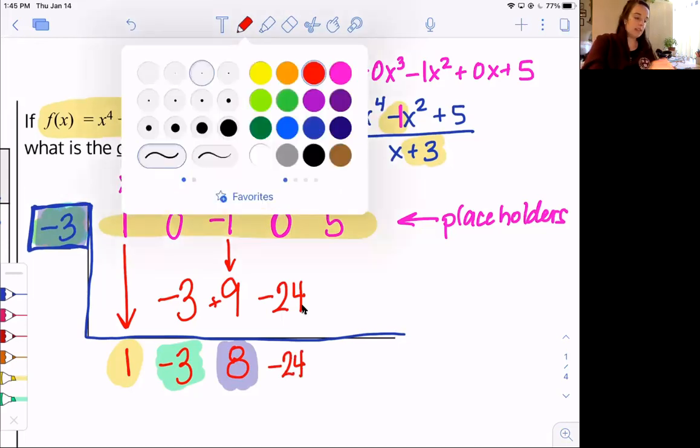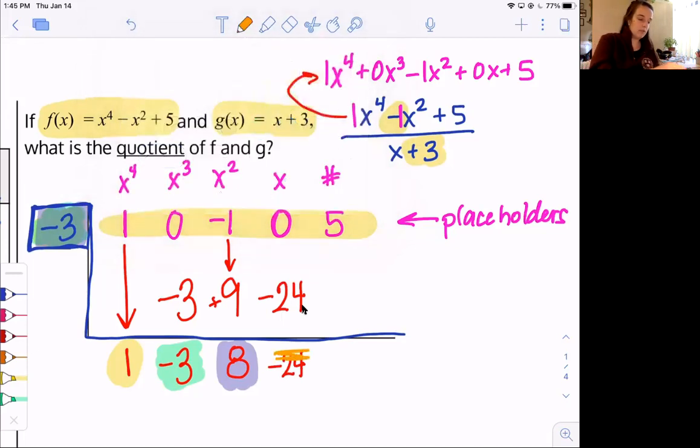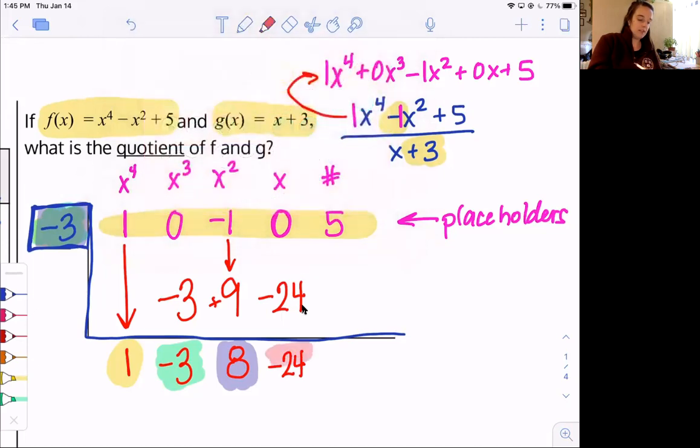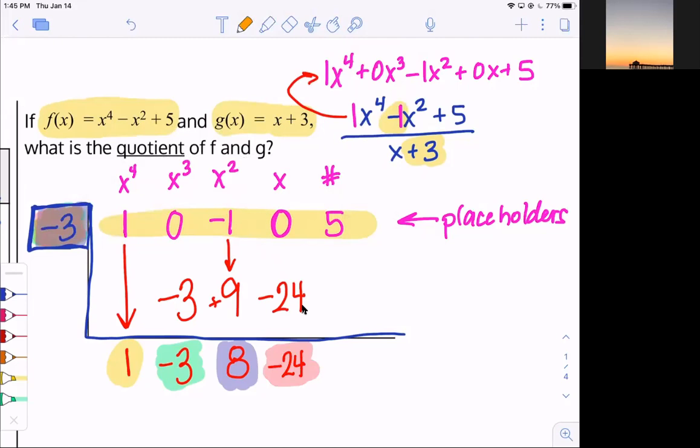And then for my last multiplication, I'm going to do -24 times -3. And that's going to give me positive. What do you got? 72. Positive 72. Yeah, positive 72. Also, thanks, Anthony.